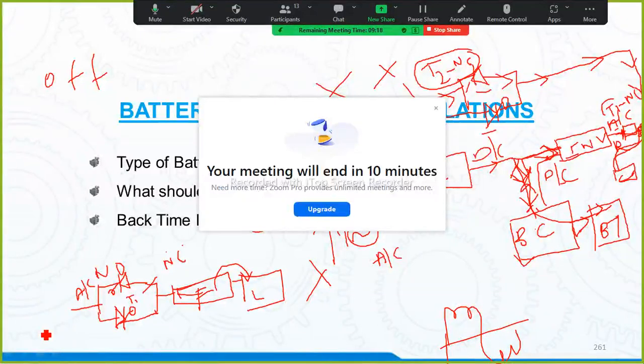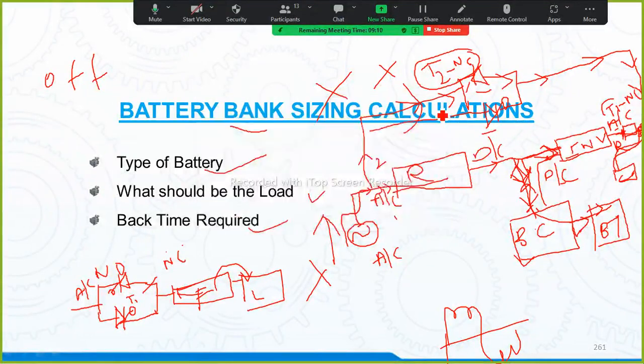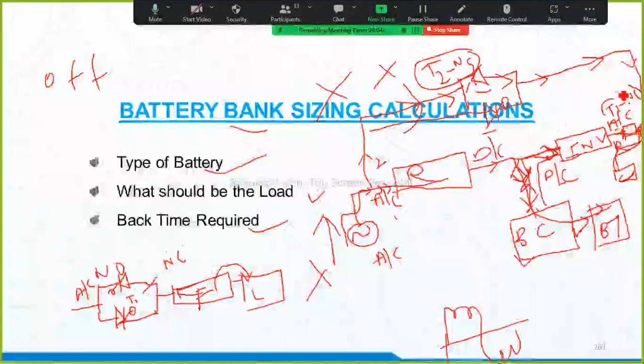Now when it comes to online UPS, what is online UPS? 24/7. Okay, so 24/7. Now what happens is you should not have any breakdown in the power. Why? Because in the online UPS में क्या होगा बोले तो there are two paths here. ये एक path हो गया.